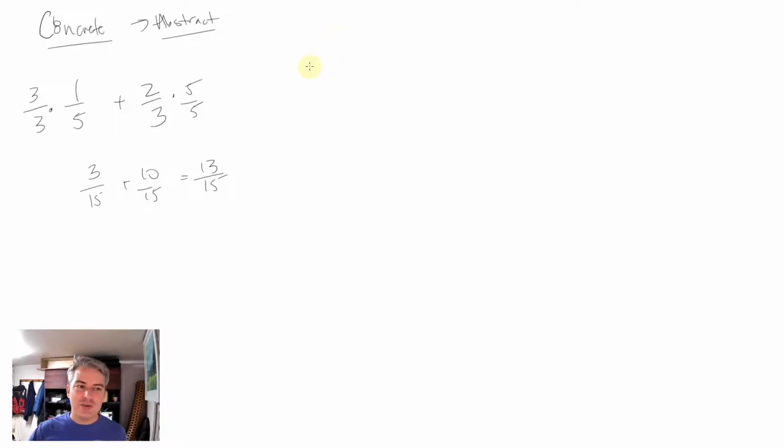This algorithm of multiplying the fraction on the left, top and bottom, by the denominator of the thing on the right, and then multiplying the one on the right by the denominator of the thing on the left, is going to work no matter what. Even if our fractions were really easy to add together, you could probably code it so that if we see these two denominators are the same, then just add the tops.